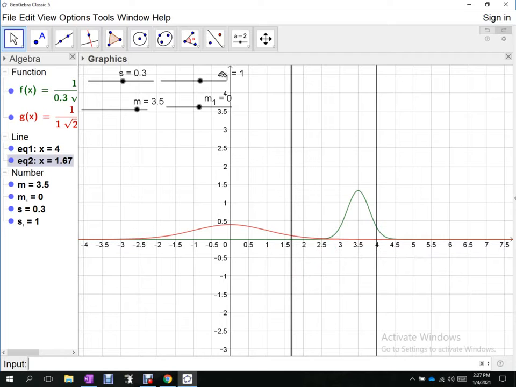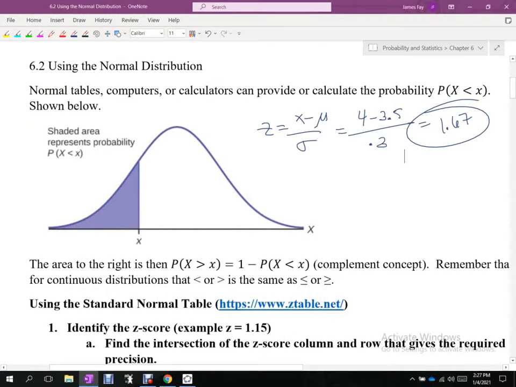So the area to the left of this green curve, from that 4 to the left of it, is going to be identical to the area left of this 1.67 line underneath the red curve. Does that make sense? We know a lot about this red curve, and we can use that information to tell us about all of these different, infinitely different green curves. Okay, and that's called standardizing. So that's what a z-score does.